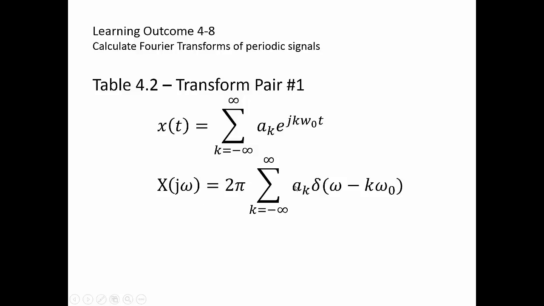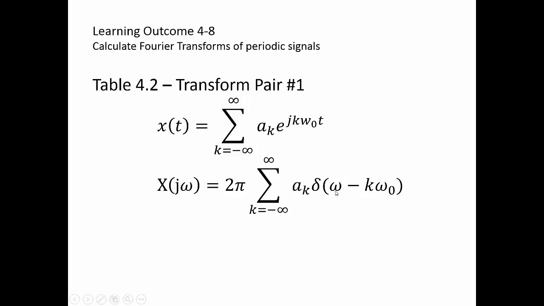We're going to take those same a sub k, and we're going to multiply them each by an impulse, and we're going to scale that by 2 pi. These impulses occur spaced omega naught apart. Again, this should sound very familiar related to Fourier series, as your a sub k are spaced omega naught apart in a Fourier series.